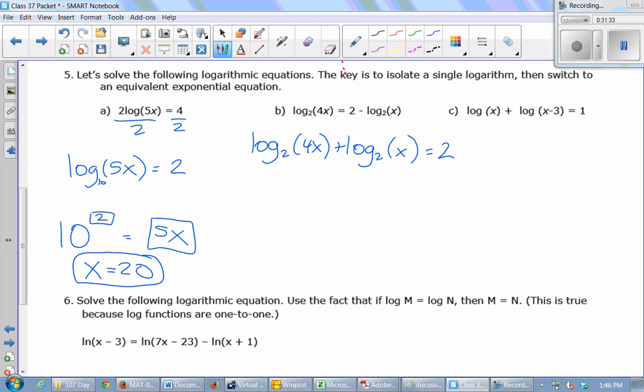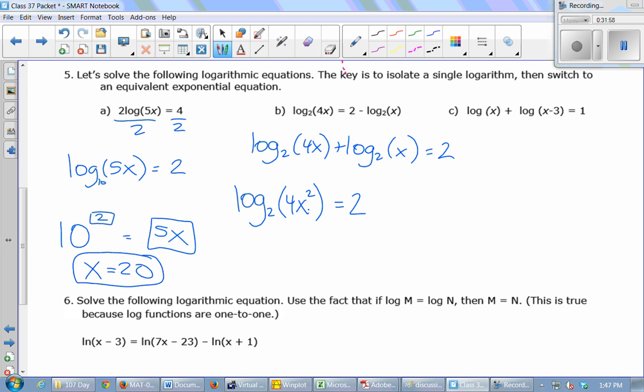And last class, we learned several properties of logarithms. One of them is when you add two logarithms that have the same base, you can condense it into a single logarithm where you multiply the two inputs. 4x times x is 4x squared. Okay, so now I've isolated a single logarithm.